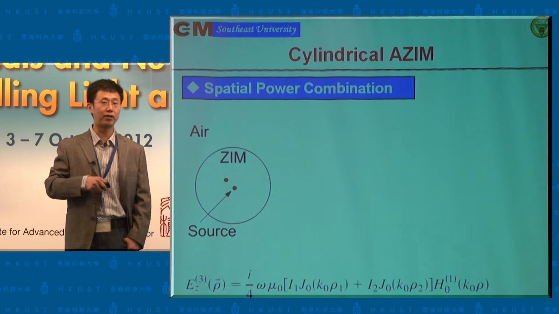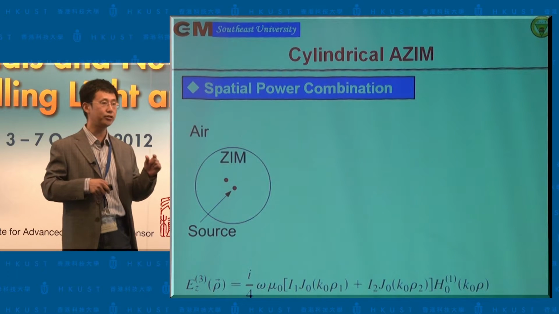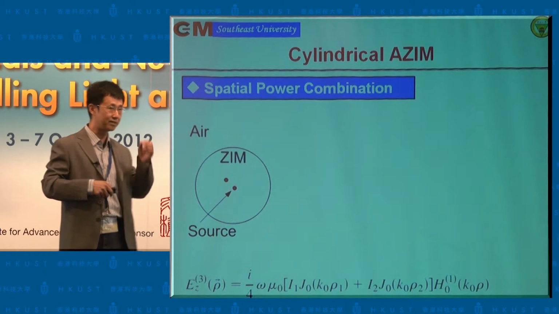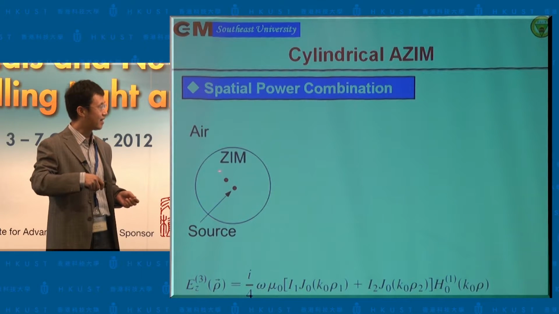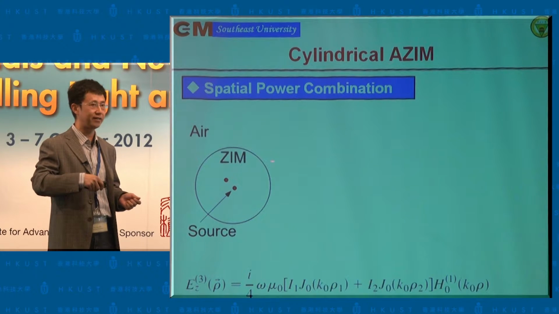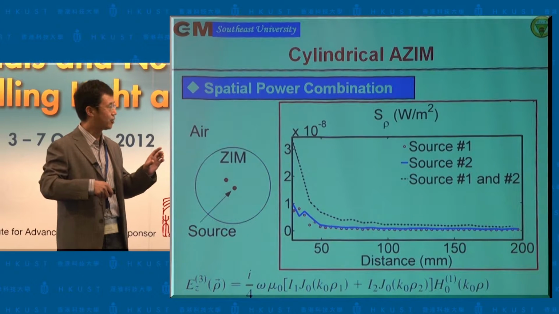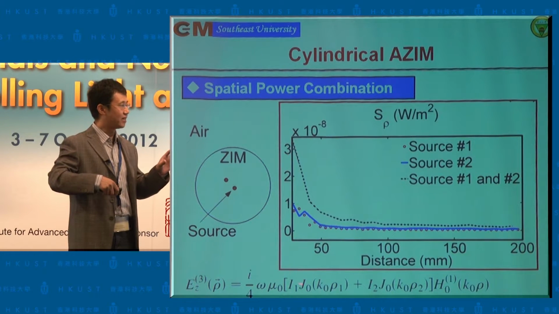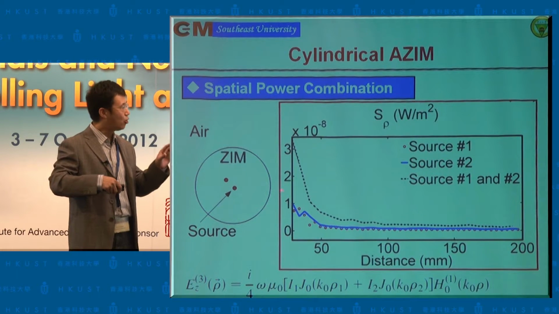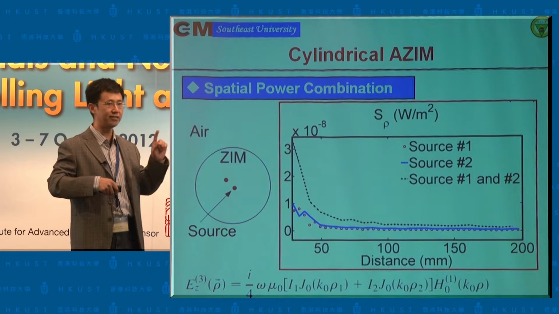Another very important feature of this anisotropic zero-index metamaterial is that we can make very efficient spatial power combination of two sources or multiple sources. For example, when we have two sources inside, after a derivation, we can show that the total power of the two sources will be nearly four times larger than that of one single source.